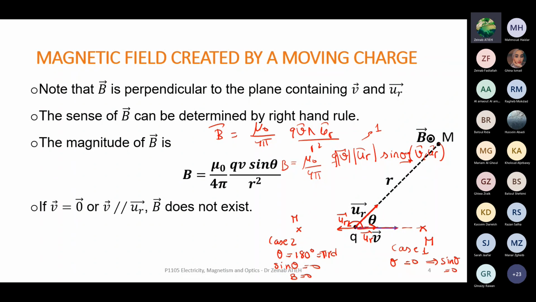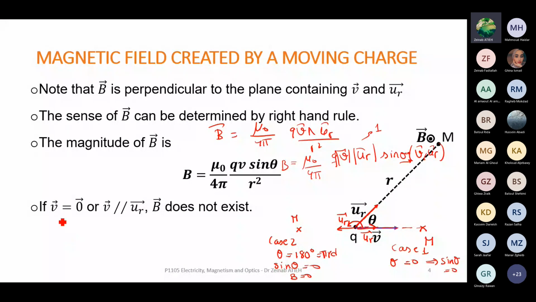We have to keep in mind two things: that the magnetic field has this magnitude, okay? It's created not along the direction of motion of the point, and if the point is not in motion at all, no magnetic field will be created.